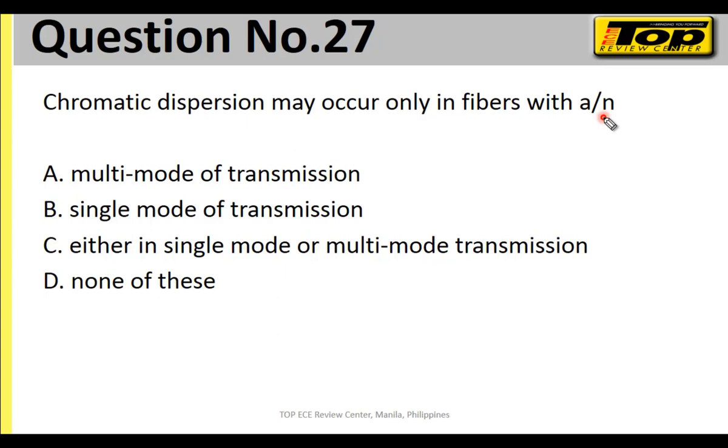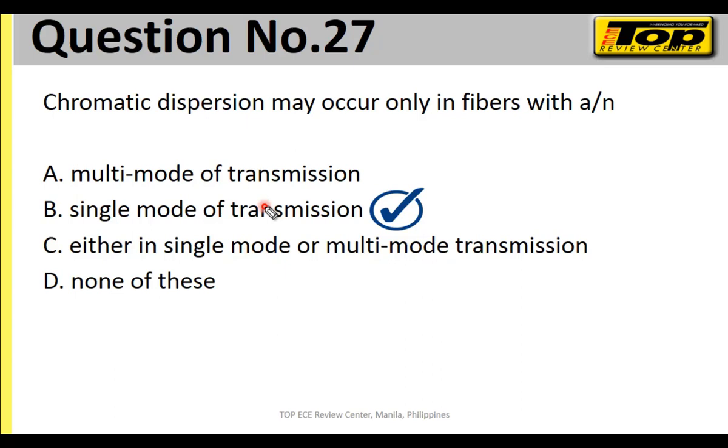Okay? So, saan ba nangyayari ang chromatic dispersion? Sa multi-mode, sa single mode, either single or multi-mode, or wala dito sa nabanggit. Actually, it happens in a single mode transmission. Kasi pag multi-mode transmission, ang magiging problema mo is modal dispersion.